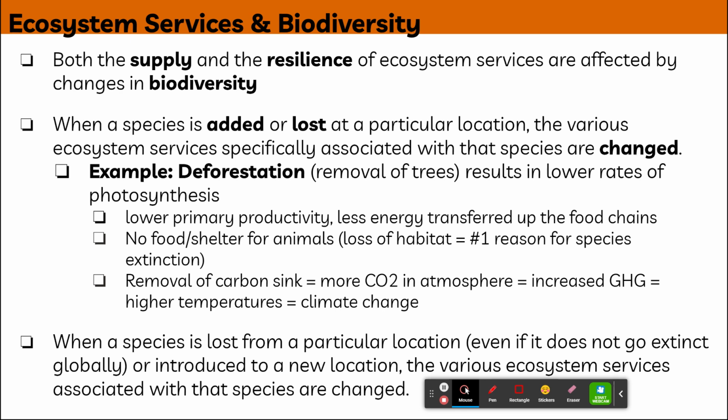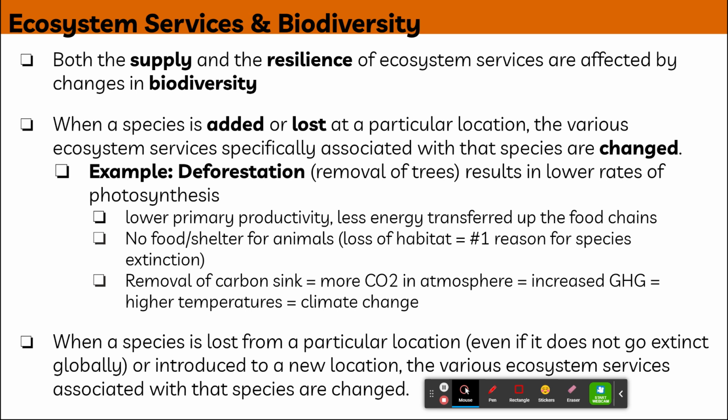Trees are sanctuaries and habitats for all sorts of animals, as well as a source of food. So you have no food, no shelter for animals. And again, loss of habitat is the number one reason for species extinction. Trees are carbon sinks. If you're doing deforestation, we have a massive removal of our carbon sink, which means more CO2 in the atmosphere.